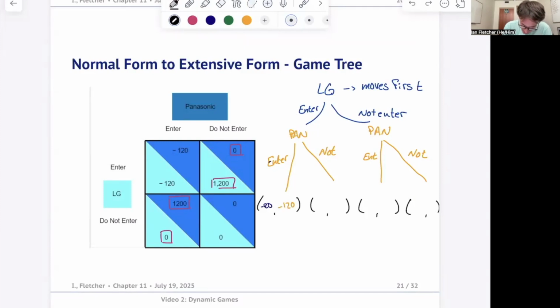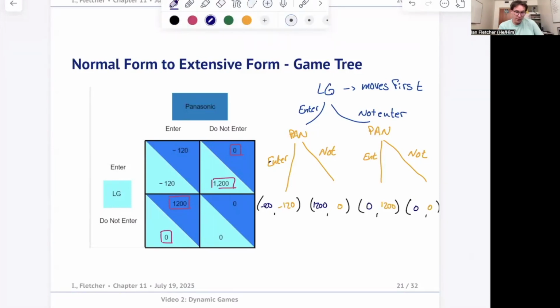If LG enters, but Panasonic doesn't enter, LG gets everything, Panasonic gets nothing. If LG doesn't enter, but Panasonic enters, then we get something like this. And if LG doesn't enter and Panasonic doesn't enter, then both are going to get 0 and just walk home.